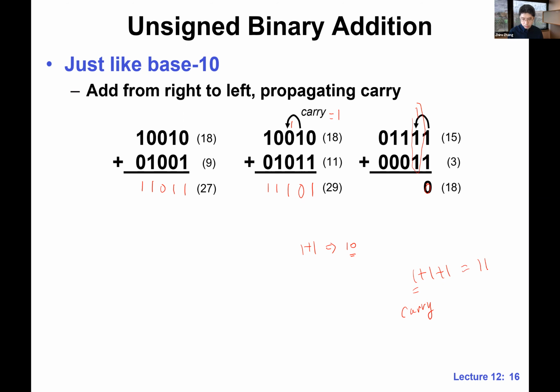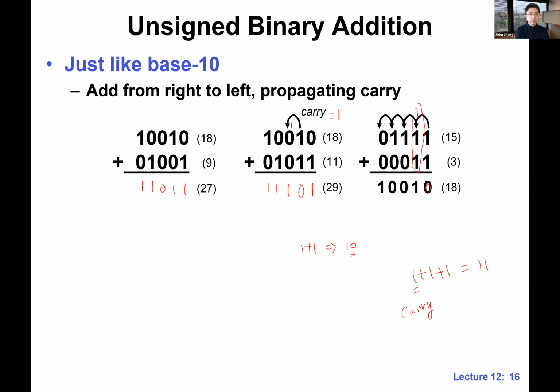In binary, it's 1, 1. So that's why we keep a 1 here in the sum row, and then we have a carry to the next column. Then we have 1 plus 1, again we have 0 here, and a carry, and another carry. In the end, we have the string, which ends up being 18.